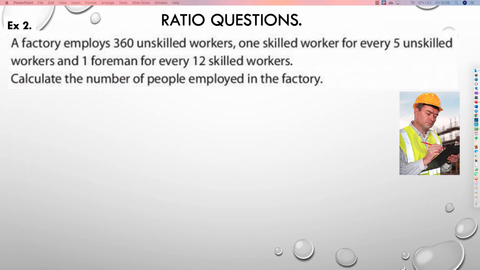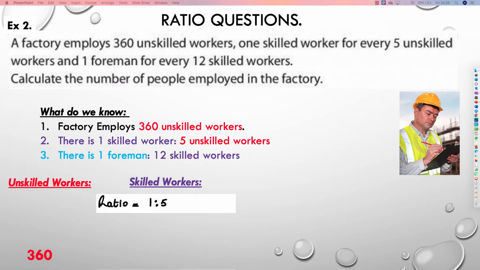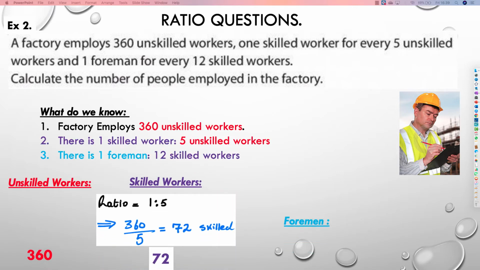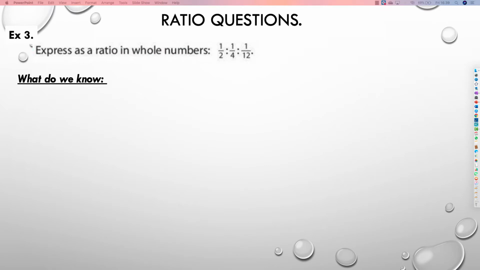Right, so how many people are employed by the factory? Exactly. 360, so 72, and 6 is 438 people.